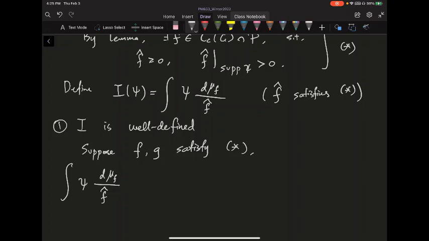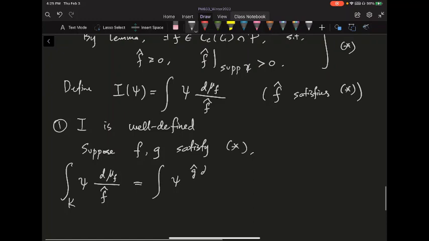Because this integral is really over the support of psi, and on the support your g hat is also strictly non-zero, this is also equal to the integral where you put a g hat on the top, do d mu_f, and divide by g hat. That's fine. But by the lemma we showed, the g hat d mu_f, you can switch the places of f and g.